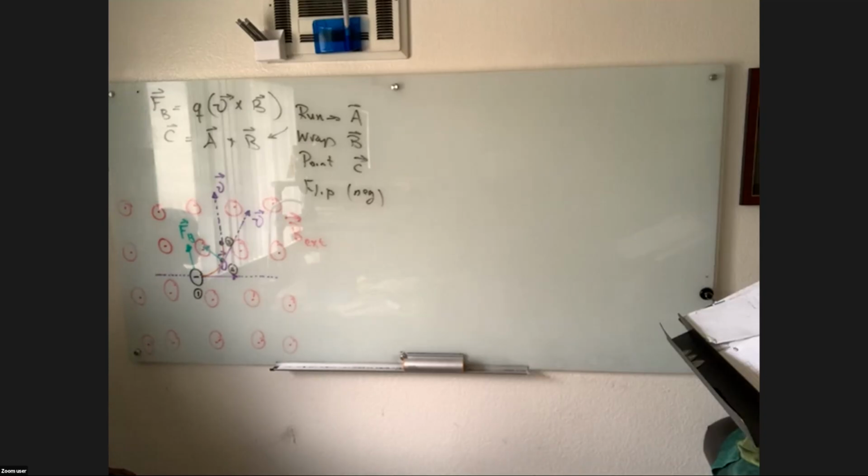So you'd have to orient your hand so that your middle finger is doing that. And when you have those orientations aligned, your thumb points in the direction of the force that external field is applying to that particle, if it's a positive charge.